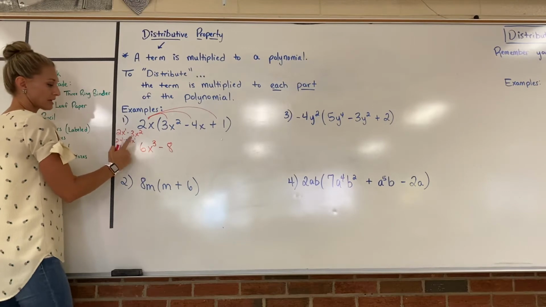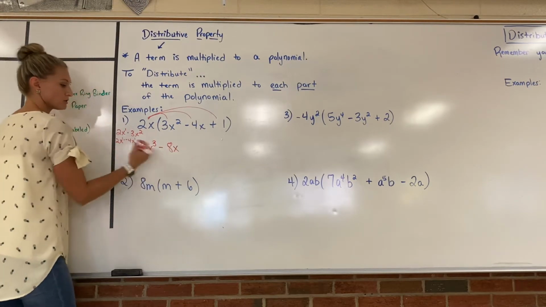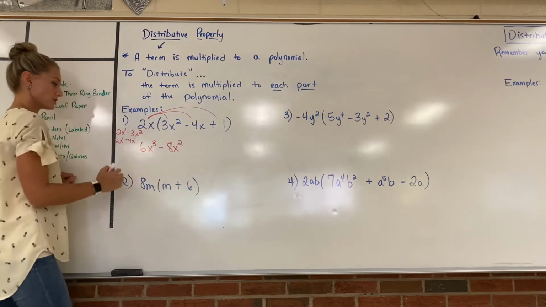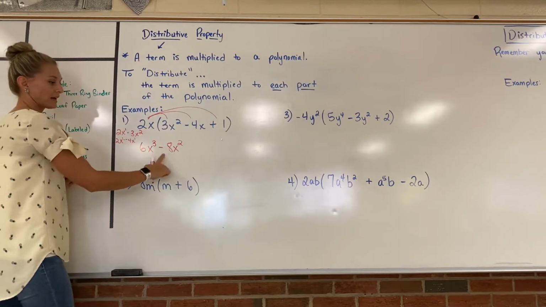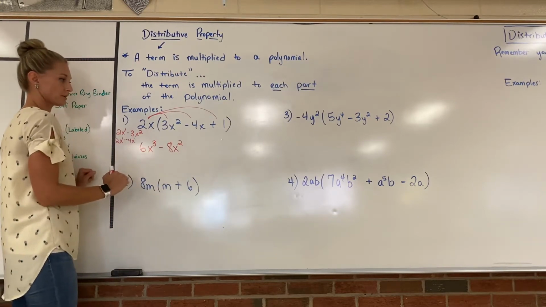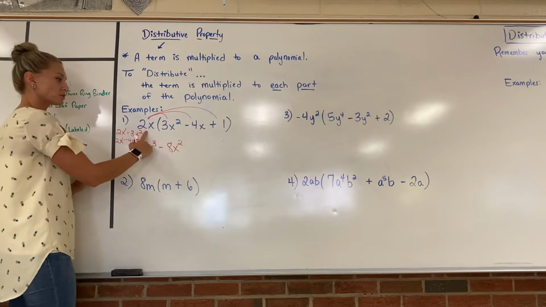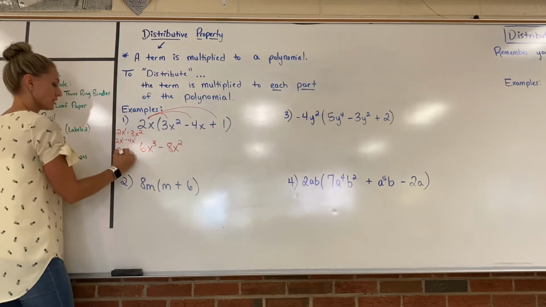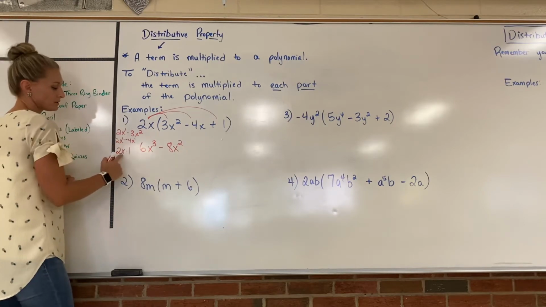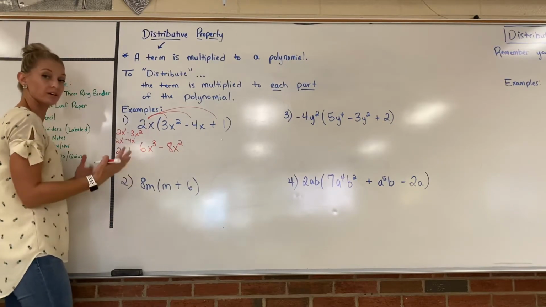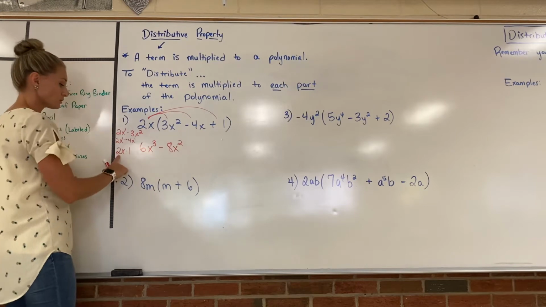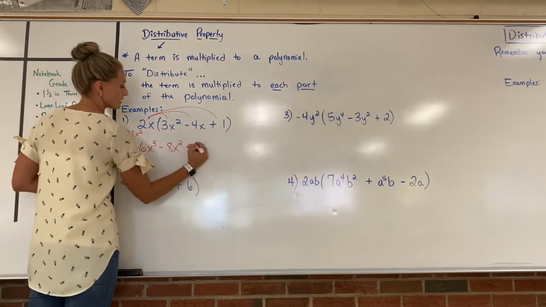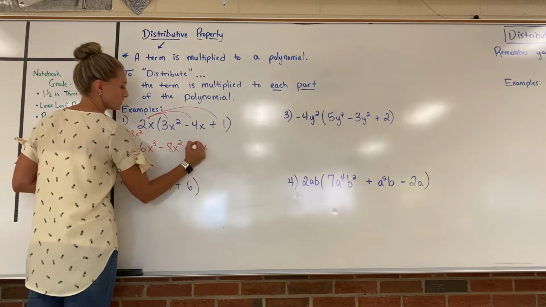When I add the exponents, 1 plus 1 is 2. So you'd get from that negative 8x squared. Okay, and then the last thing is we have to take 2x times the positive 1. Anything times 1 is whatever you had. So 2x times 1 is going to give me a positive 2x.